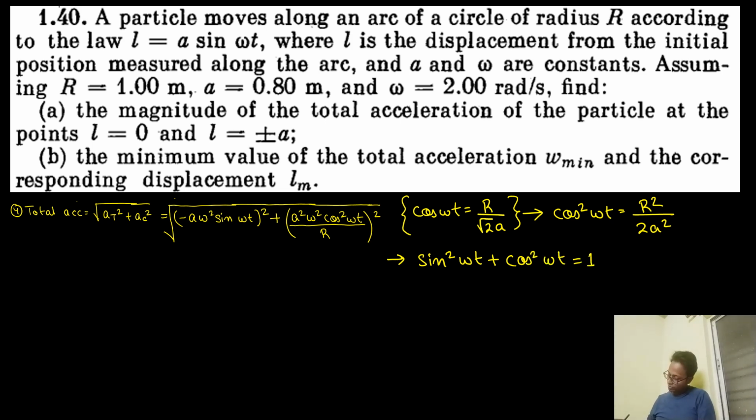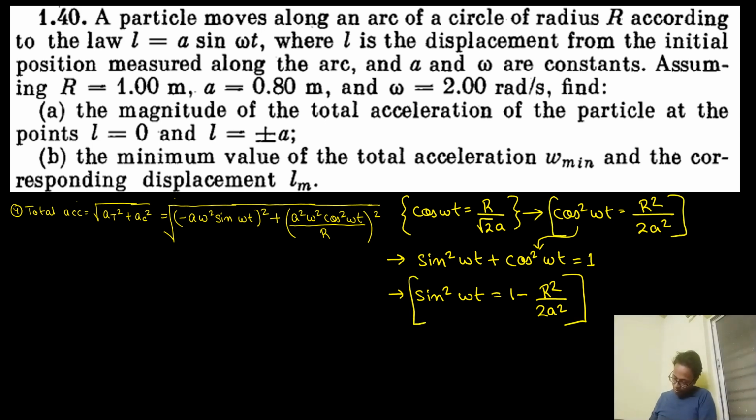Cos square omega t is nothing but r square by 2a square, so sine square omega t is equal to 1 minus r square by 2a square. I'm taking the cos square omega t to the right hand side. So this is our equation number 2, and this is our equation number 1.